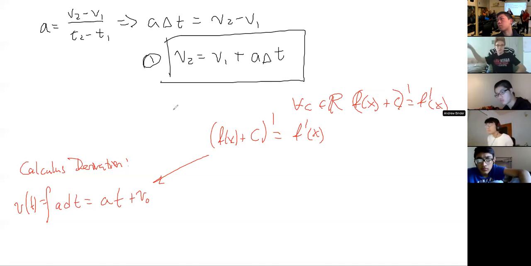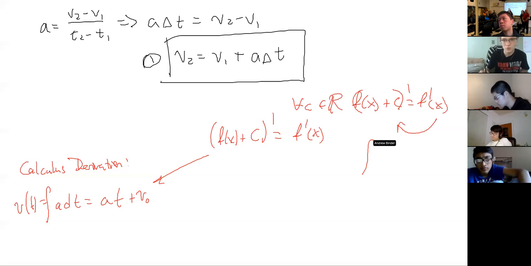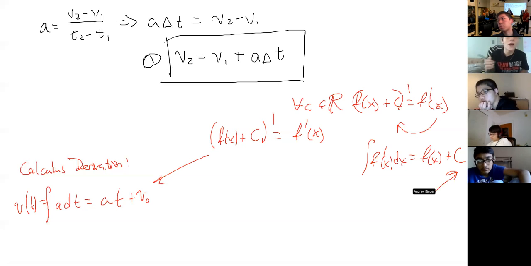An infinite number of possible functions will all have this same derivative. If you try to reverse this, because all of the c's went away, you have no idea what initial c you started with, which is why whenever you integrate something like this, you're going to have f of x plus some sort of constant, because that constant can be anything.